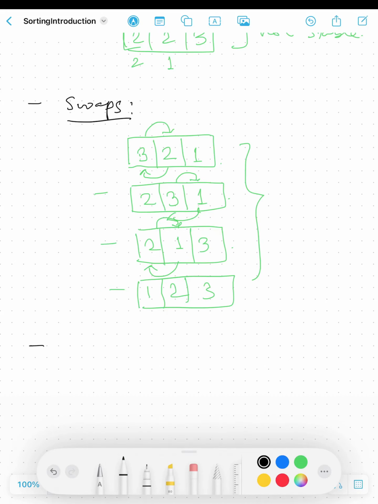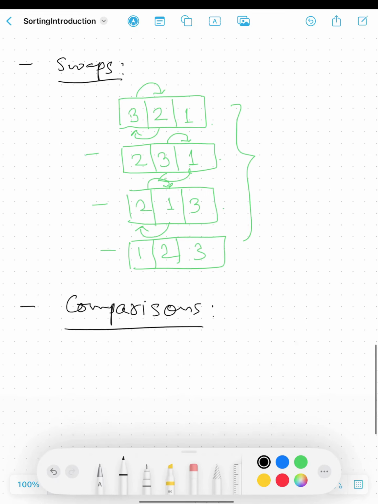Okay. After that, there is another term, comparisons. This is when we check or compare two numbers to find out which one is greater or which one is smaller. That is called a comparison.